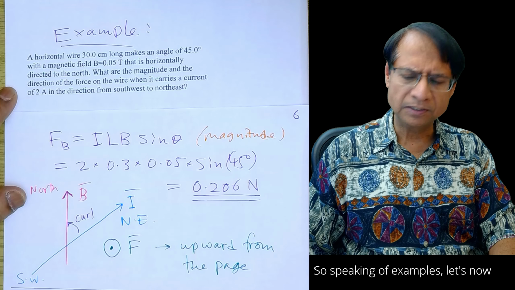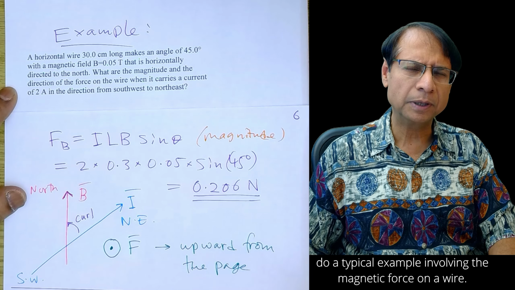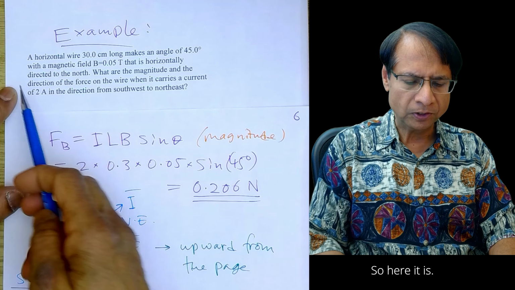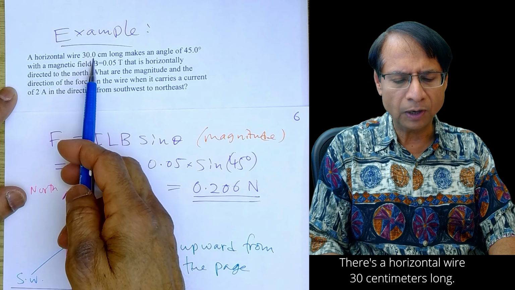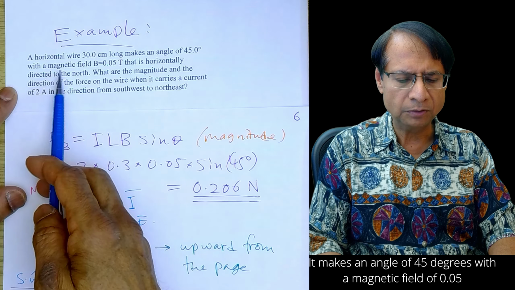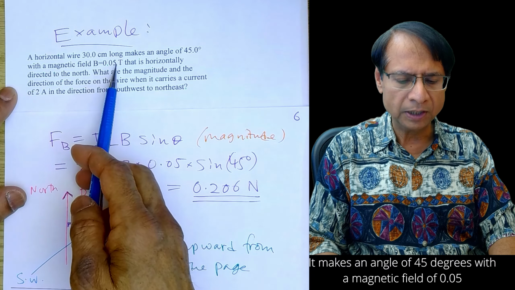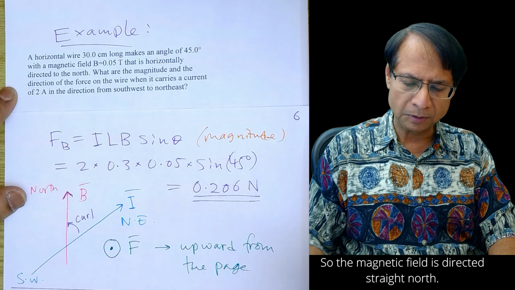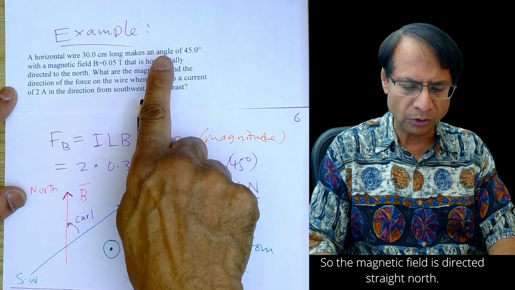So speaking of examples, let's now do a typical example involving the magnetic force on a wire. So here it is. There's a horizontal wire 30 centimeters long. It makes an angle of 45 degrees with a magnetic field of 0.05 Tesla that's horizontally directed north. So the magnetic field is directed straight north.